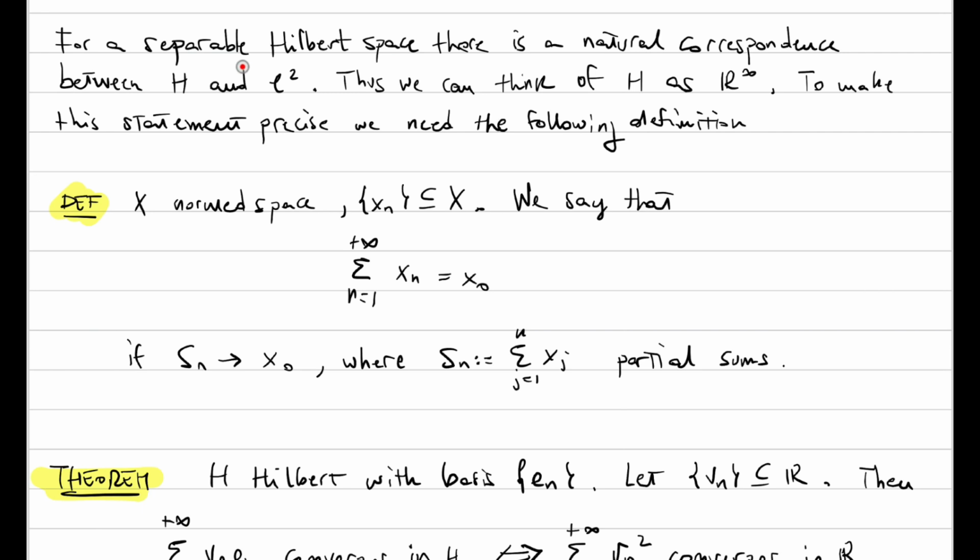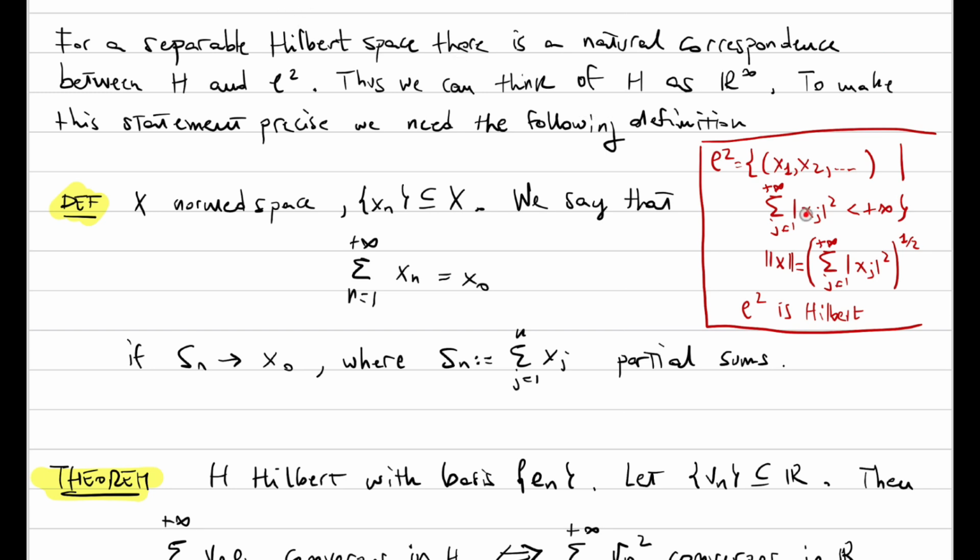Okay, as I was mentioning before, for a separable Hilbert space there is a natural correspondence between the space itself and L2. Last time we saw L^p, but just as a reminder, L2 is the space of infinite sequences of real numbers such that this series is finite, where j goes from 1 to plus infinity.